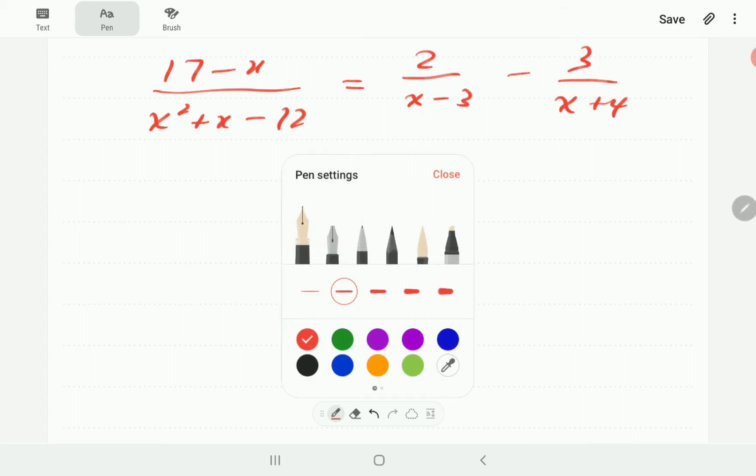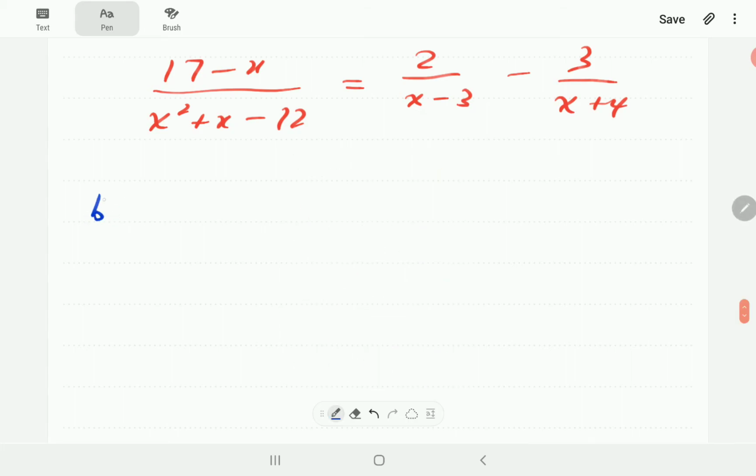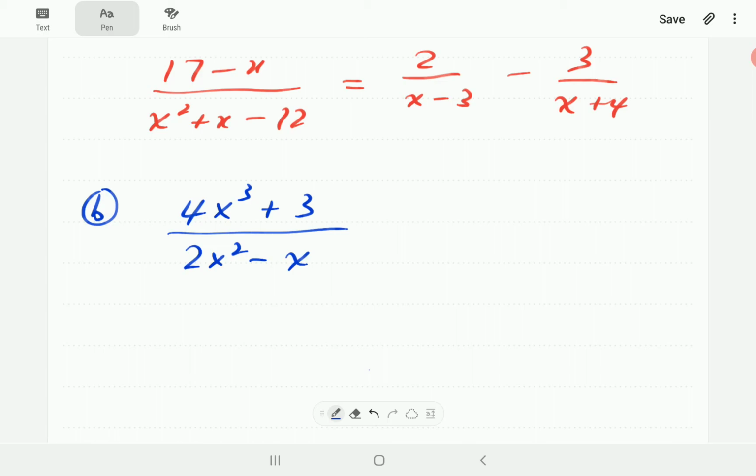So in example B, suppose we have 4x cubed plus 3 divided by 2x squared minus x. Now looking at this, we notice that the numerator is degree 3, the denominator is degree 2.